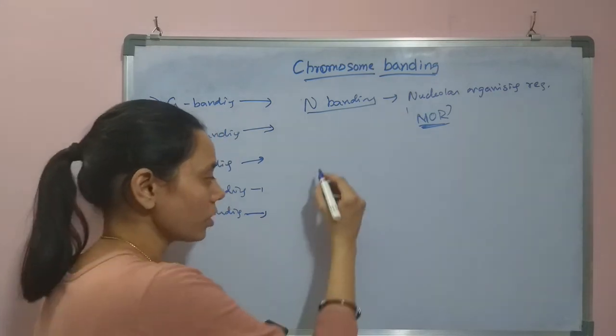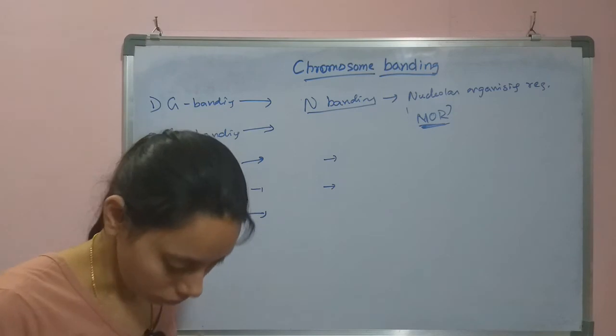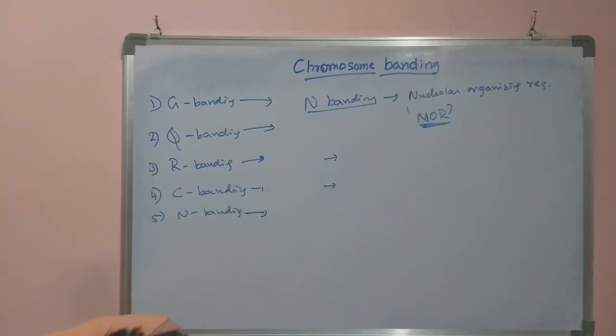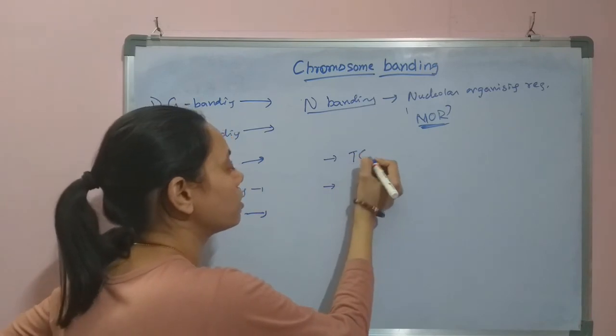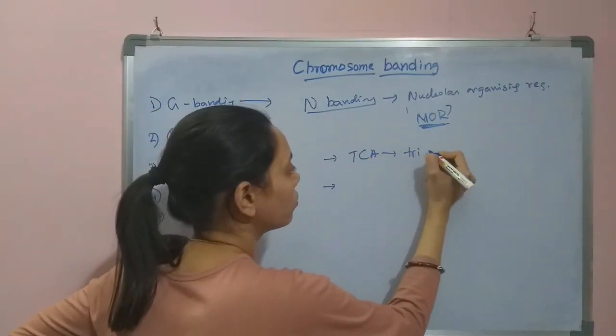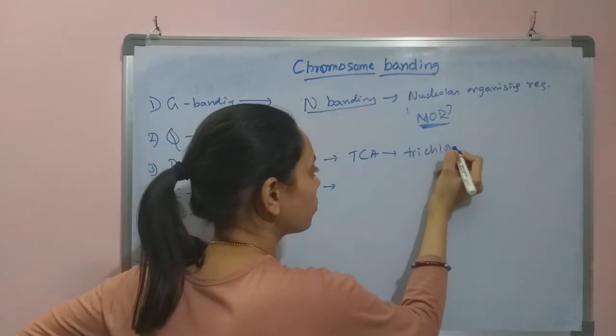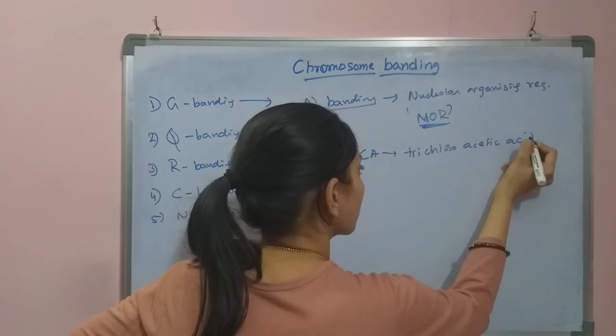So basically the chromosomes are treated with TCA, that means trichloroacetic acid.